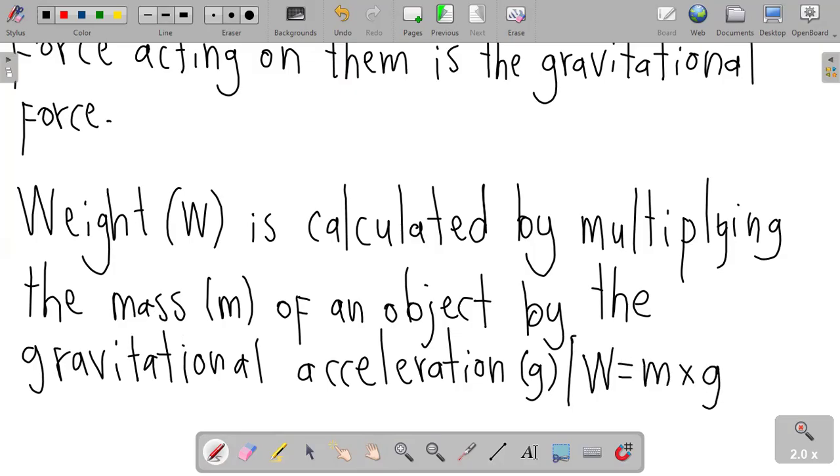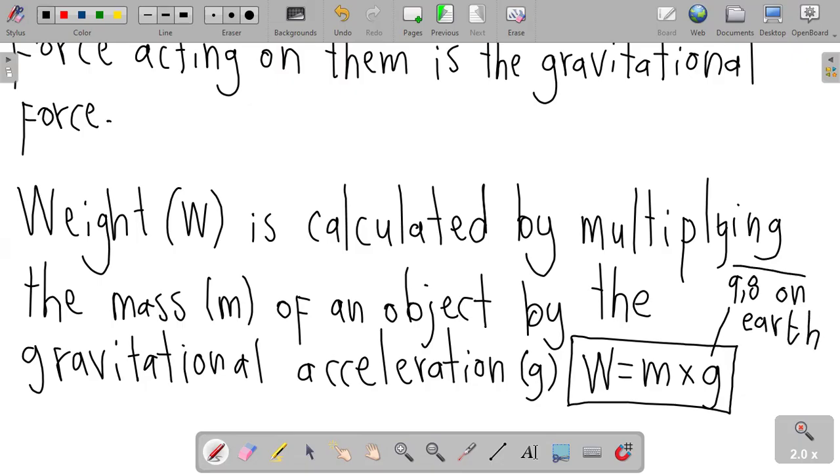So this g is the one that changes when measured at different places. g is 9.8 on Earth. It's 9.8 when you're on Earth, but it changes when we go somewhere else.